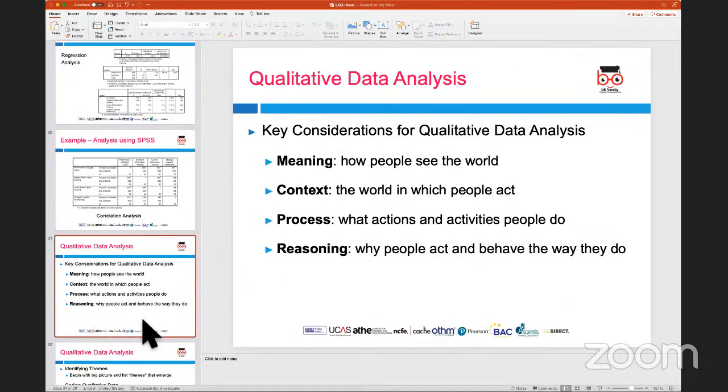Now, when I look at qualitative data analysis, we are looking at meaning, context, process, and reasoning. So with qualitative data analysis, generally what we are going to be focused on is understanding the process of organizing, analyzing, and interpreting non-numeric data.